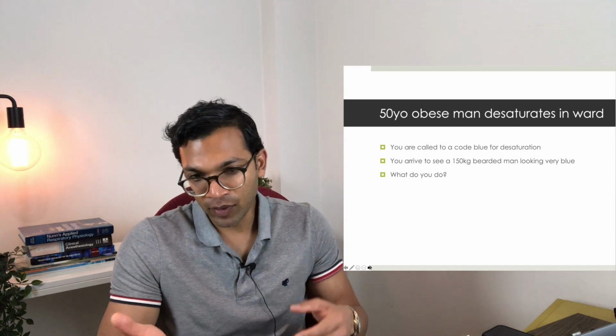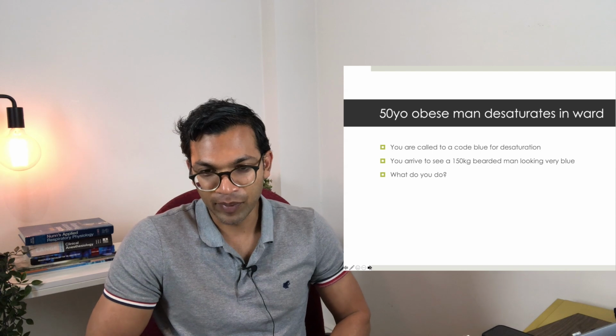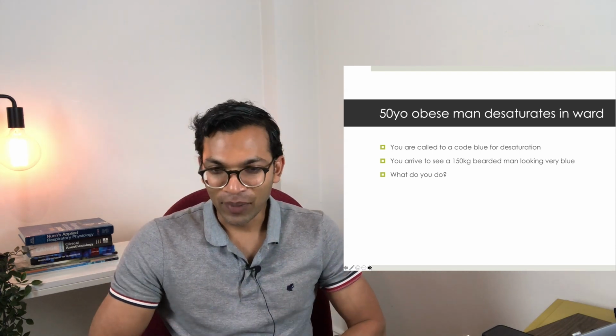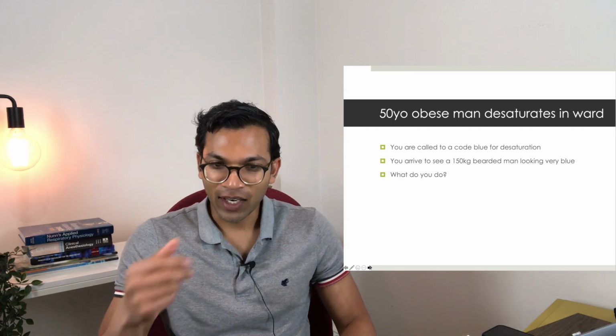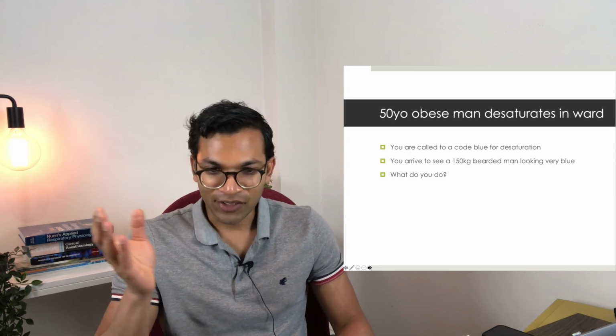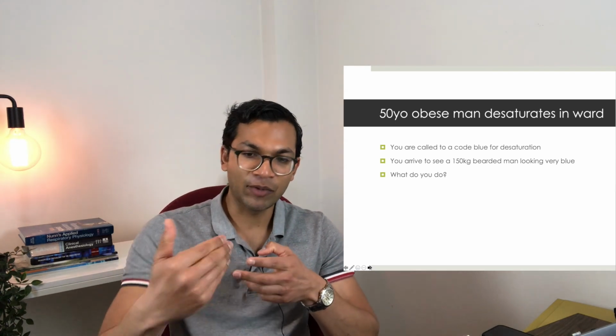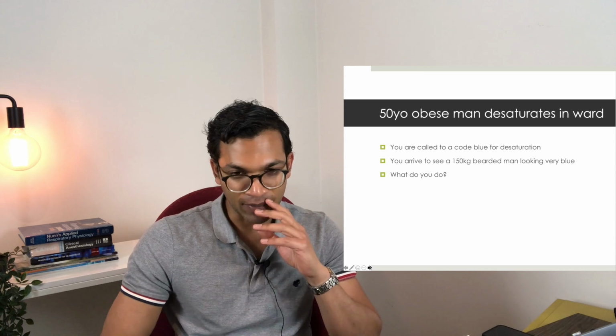What equipment do you need, Fraser, for a scalpel bougie technique? Scalpel, bougie, size 6 tube. Exactly. And if you ever try to describe a needle cric technique, it literally sounds horrendous, especially on the ward trying to explain it to someone else to do. Scalpel bougie by far is what you do.